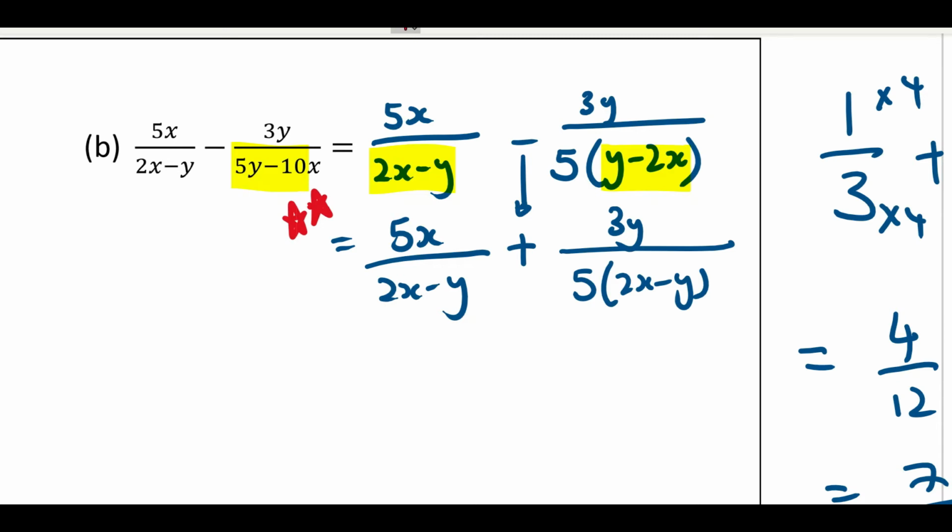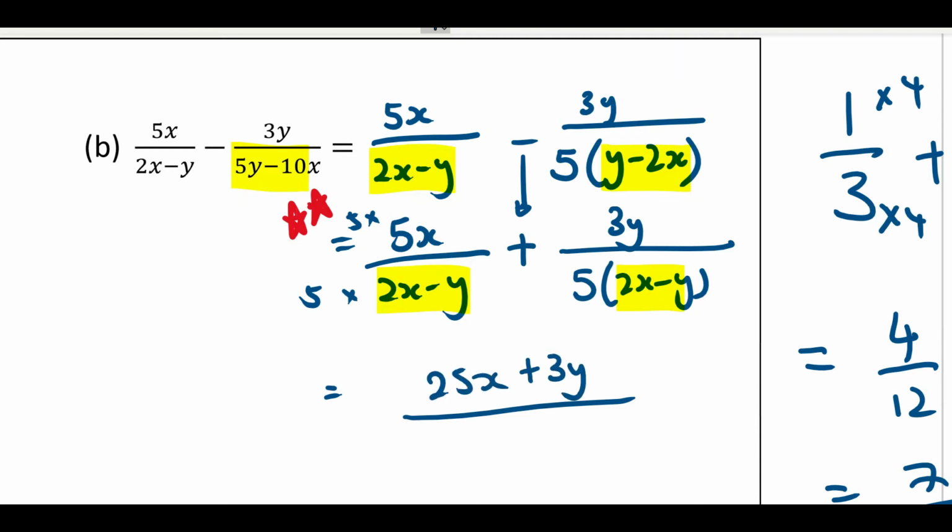Once you get that, now the common denominator is what? Because both of them have 2x minus y, you only need to multiply by 5 to this guy and to this guy. So I have 25x plus 3y over 5. Remember, the denominator doesn't need to expand.